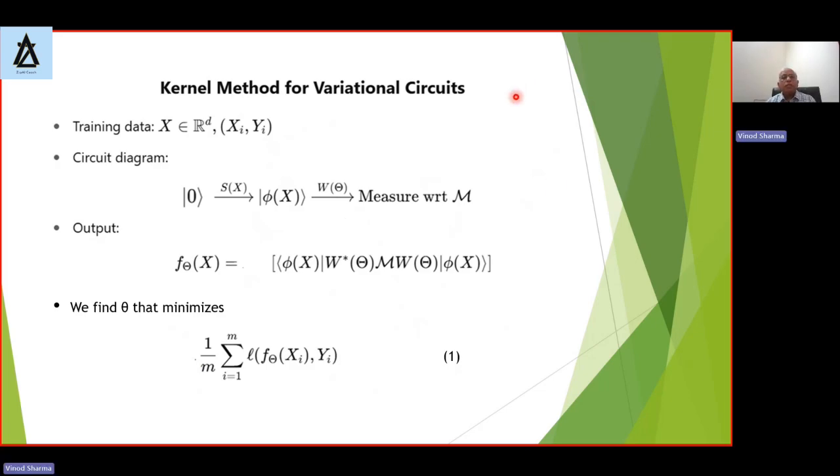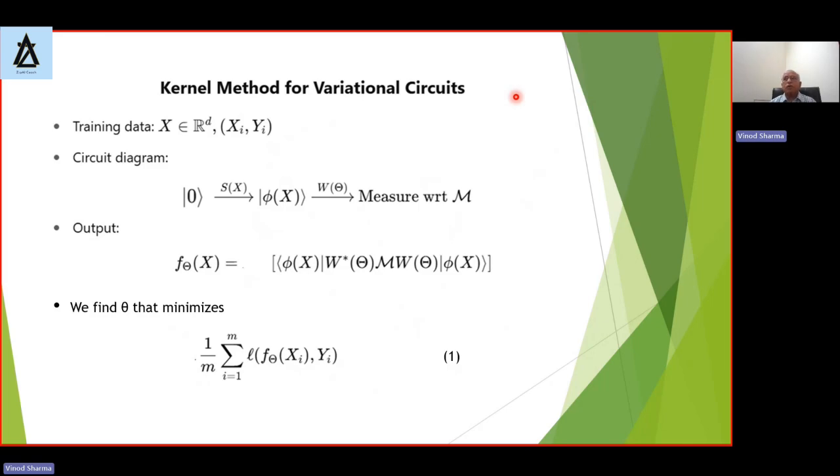Now we use kernel methods for variational circuits to get optimized algorithms which are simpler to optimize. All through we have been seeing in the variational circuits, we have a parameter theta, and the output of the circuit is f theta, which could provide us a classifier or a regressor, and we want the theta which will give minimum errors, right?